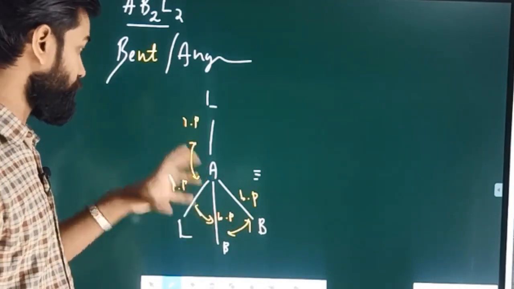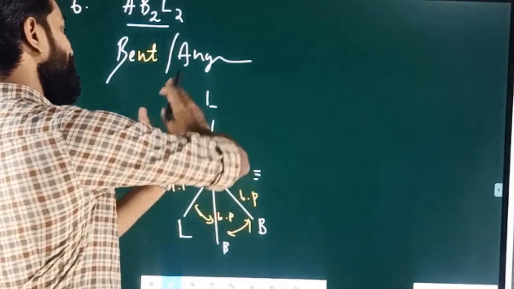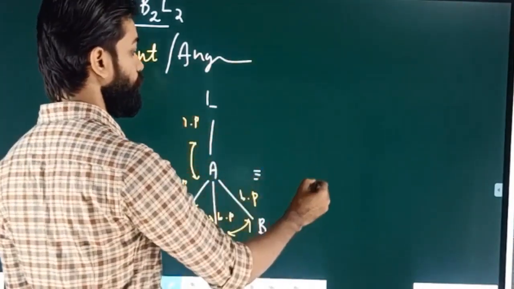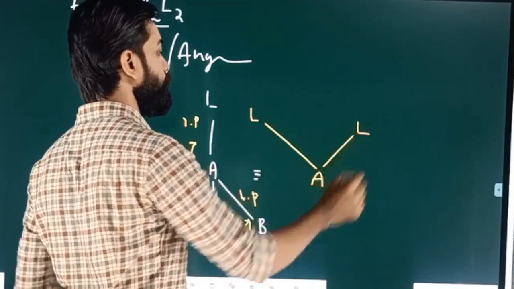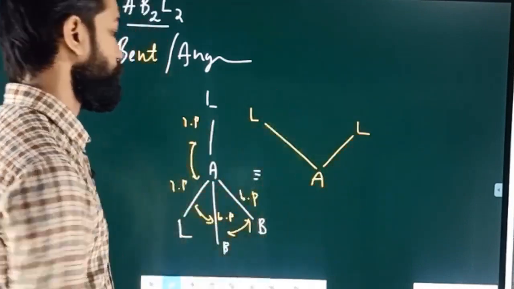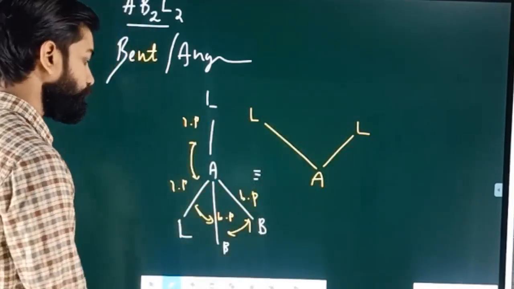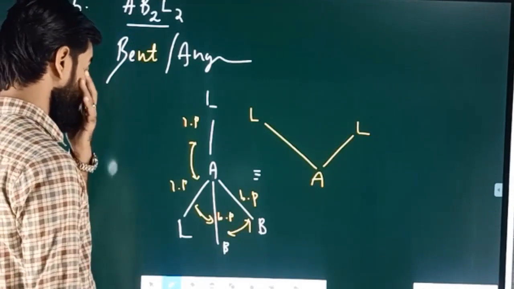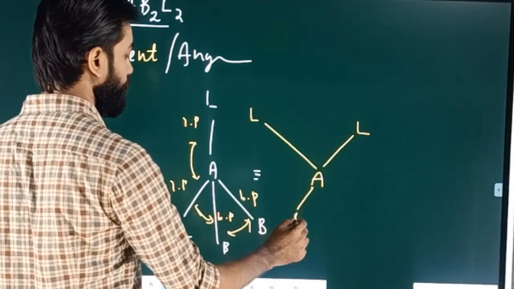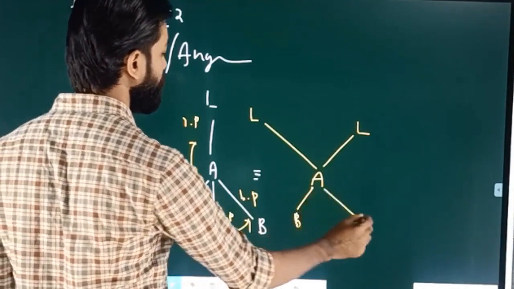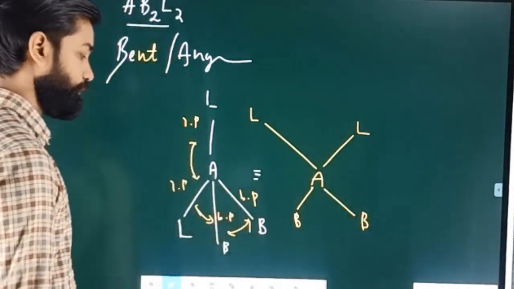Due to the repulsion between lone pair and lone pair, the lone pairs get maximum distance, so that the geometry becomes nearly something like this. Lone pairs occupy the maximum distance, then the bond pairs are like this.